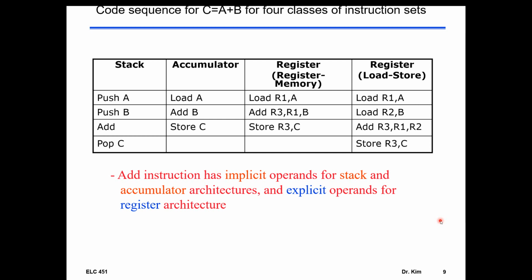Then you would say store C, and that would move the contents of the accumulator to memory address C. For a register-memory type of approach, you could say load register 1 with what is in address A, then add the contents of register 1 and whatever is in address B, put the result in register 3, and then store what is in register 3 to address C.